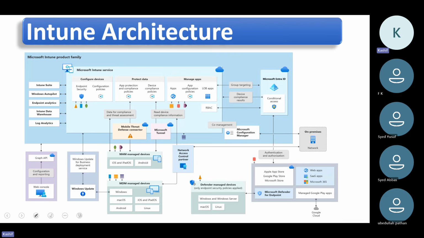Now, when you create your Intune subscription, you get a web console. From that web console, you do configuration and reporting. Then your information goes to Graph API. Graph API is like a connecting bridge, the communication bridge between you and the Intune services in the backend. Whatever configuration you do will get recorded and passed on to Microsoft Intune services.